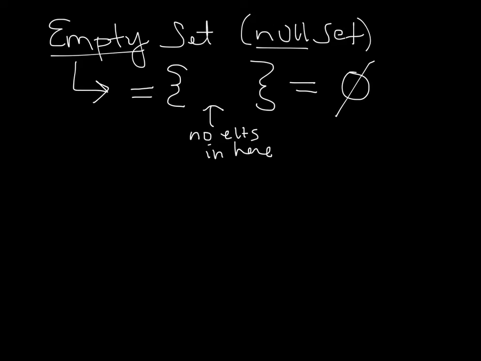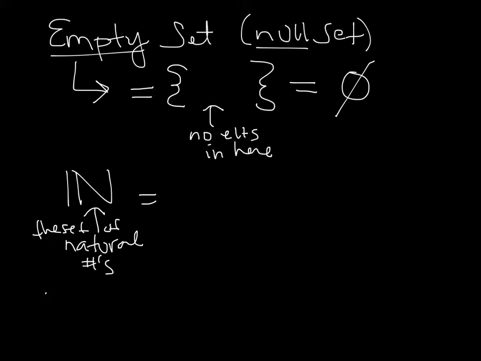Following the empty set, on your handout you see the set of natural numbers. We usually denote it with this big N. There are a lot of numbers that we work with in math. One of them is the natural numbers, which literally comes naturally to us. If I ask you to count to 10, you would say 1, 2, 3, 4, 5, 6, dot, dot, dot.